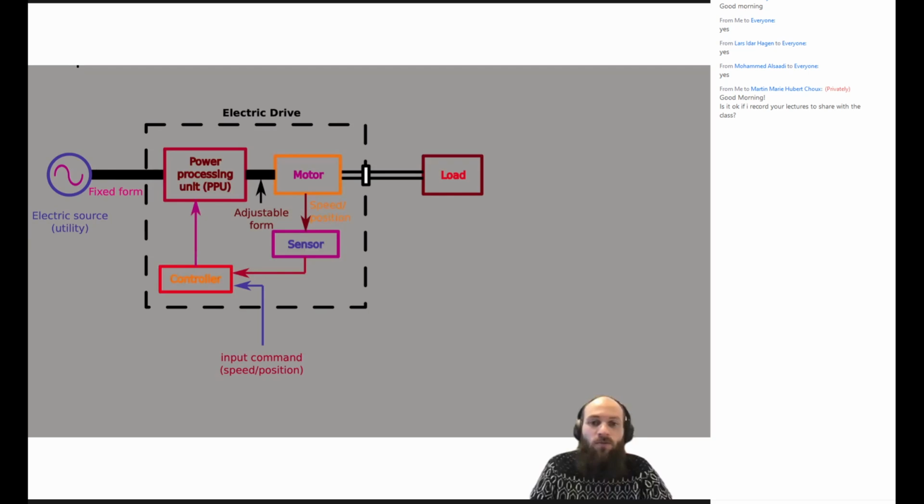And this is controlled by using a sensor. So we sense speed and position, but also the current inside the motor.